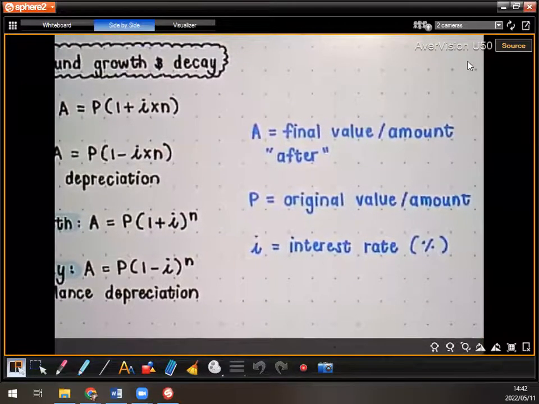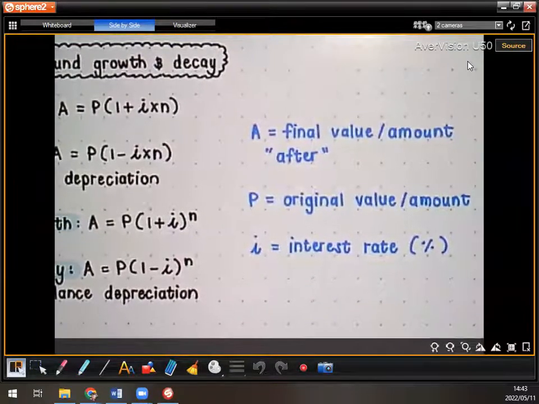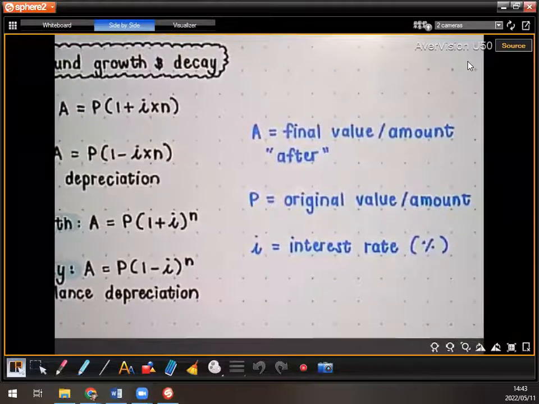Tomorrow, we're going to be doing interest rates that are like monthly or quarterly. All right, so far we've only done annual interest rates, so the same rate for 1 year. So we're going to change that up this year. But if they say, for example, 10%, you're going to use 10 over 100 for your I.